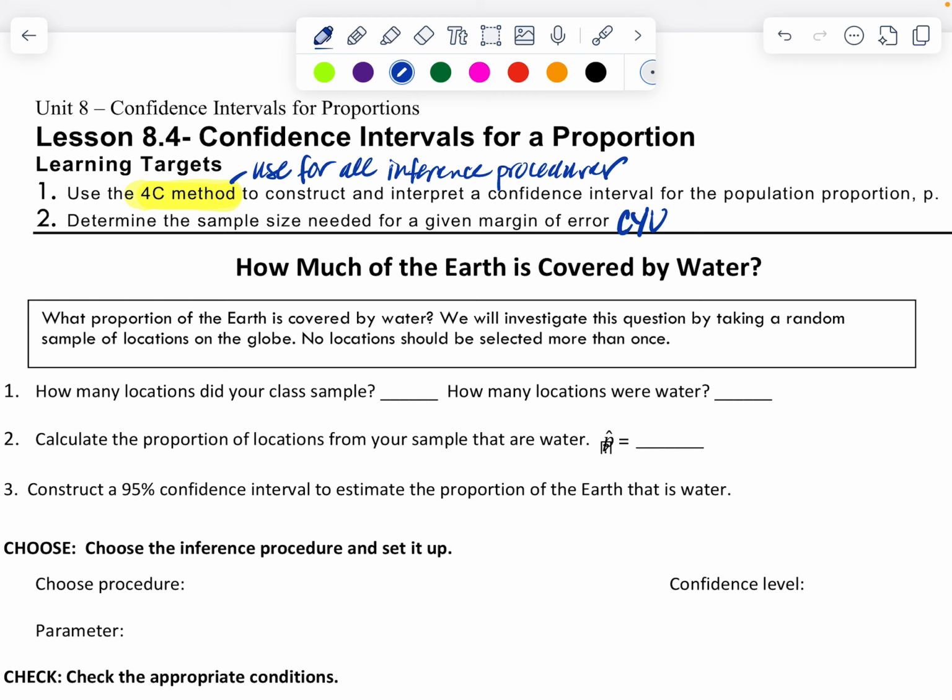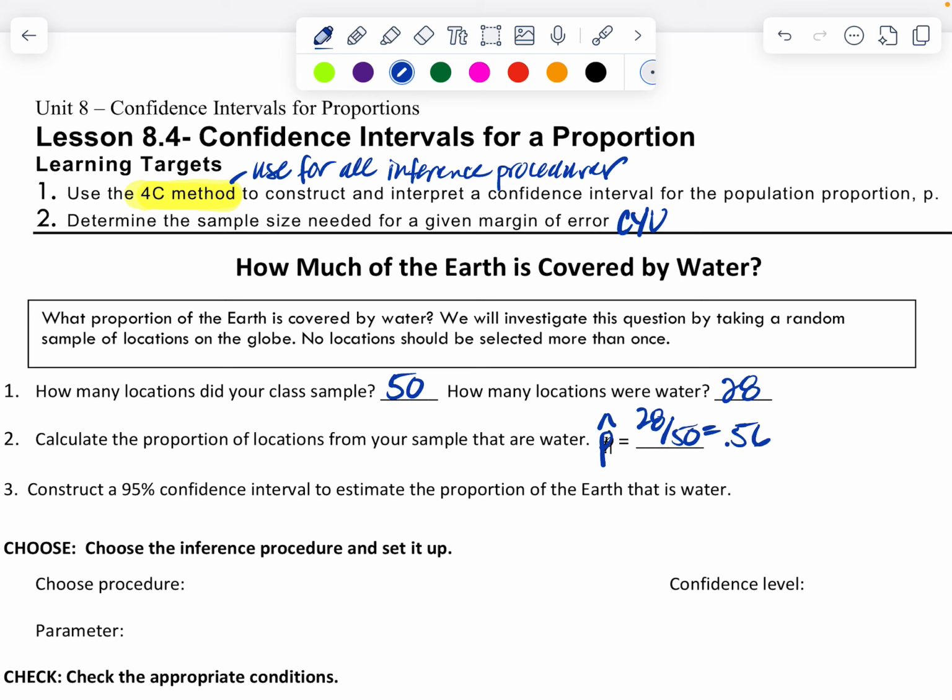So we ended up doing 50 locations, and 28 of those were water. So our P hat is 28 out of 50, which is 0.56. So that is our point estimate that we are starting with.